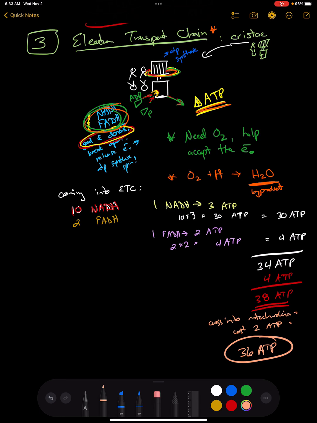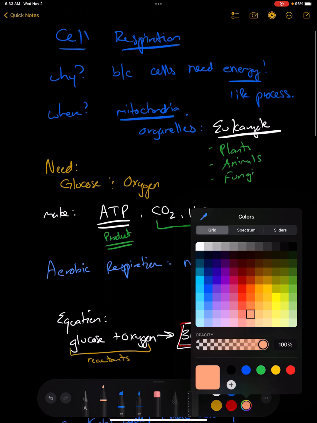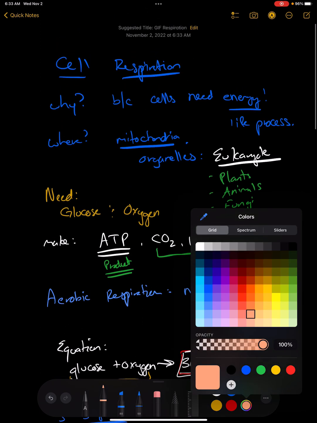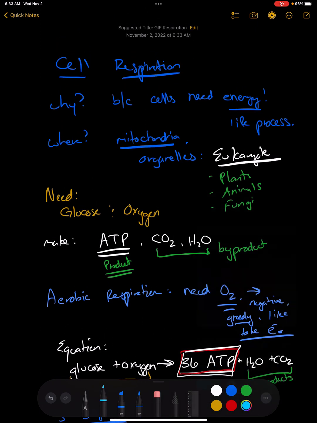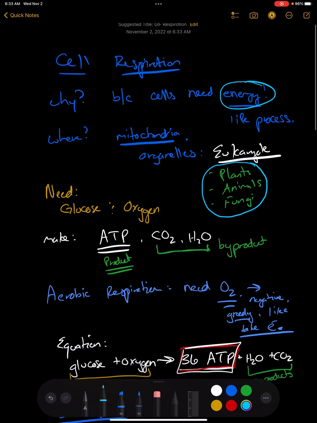Okay, so let's recap really quickly. Let's recap in this lovely electric blue color. So cell respiration. I do cell respiration because I need energy. All living things need energy, but all eukaryote cells are going to do this in the mitochondria because, as you guys love to say, it's a powerhouse, and that's where I make the most.